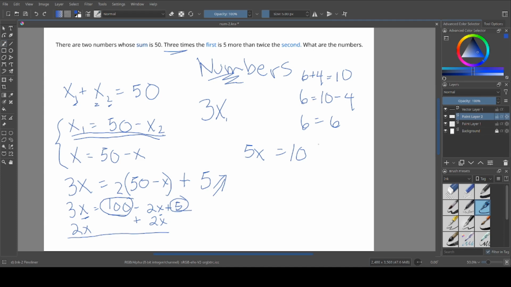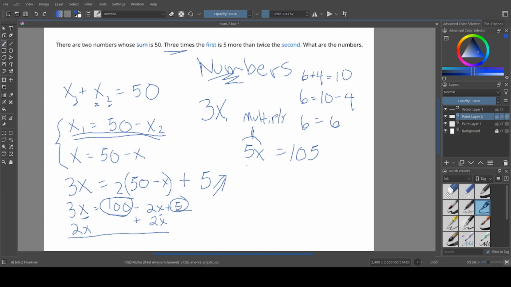Now, we got it in a form that we recognized in the beginning of algebra. You know this is 5 times x. The inverse of multiplication, you know what that means? The inverse of multiplication is divide.